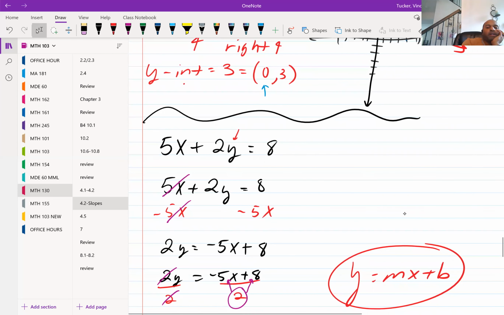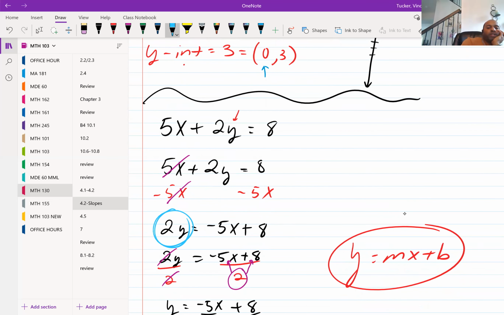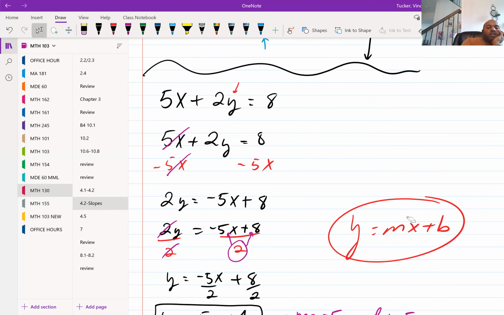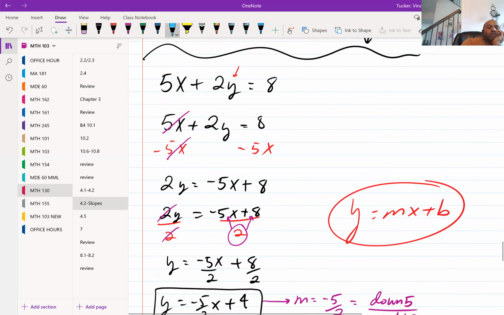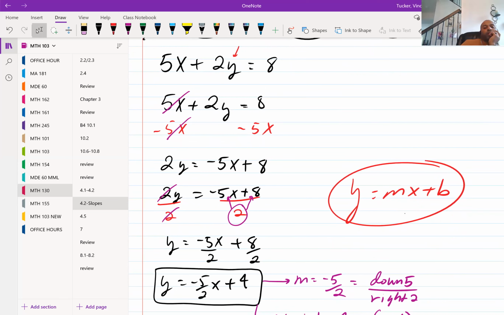And we have 2y equal to negative 5x plus 8. Then we divide by 2, because once again, we're still trying to solve for y. So we divide both sides by 2. That 2 needs to go into each term over here. And so this is what we're left with: y equal to negative 5 over 2 x plus 4. So I'll give you a chance to copy that down.